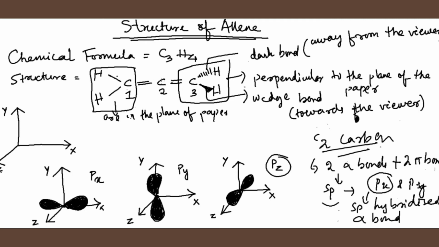So now the C2 carbon has utilized its pz orbital and px orbital. Now which orbital is left behind? It's the py orbital. So the py orbital of the C2 carbon will do pi bonding with the py orbital of the C3 carbon. Coming to the C3 carbon.